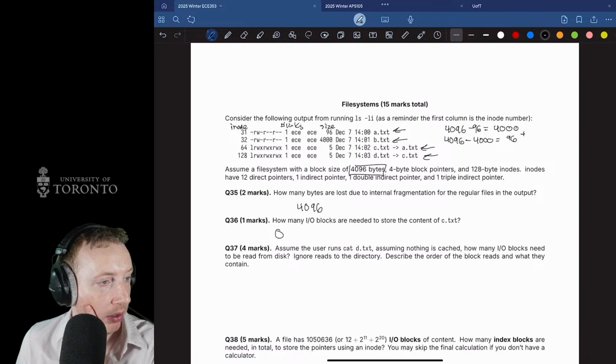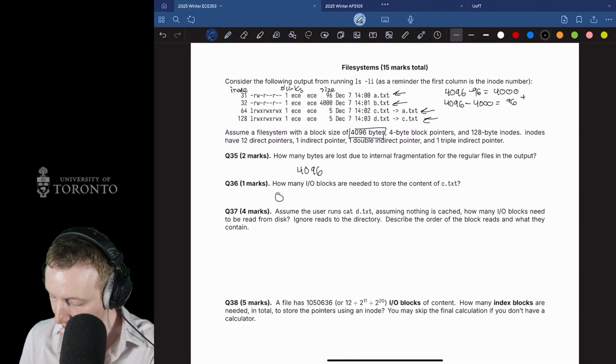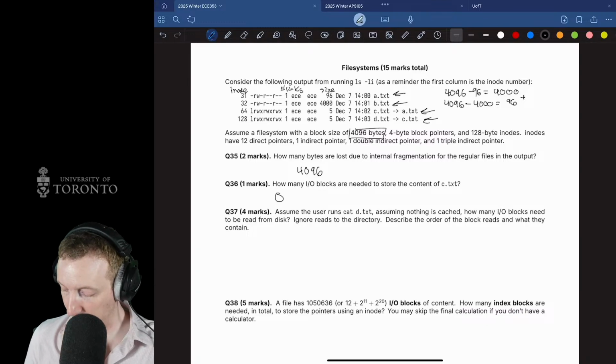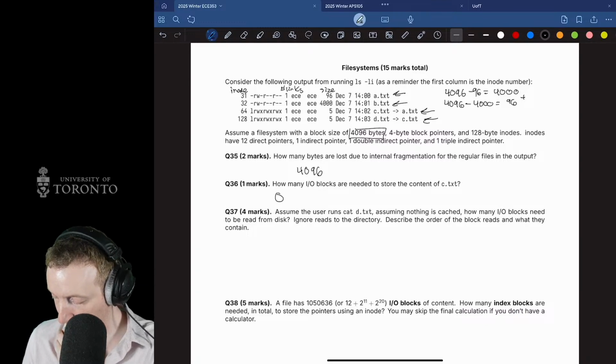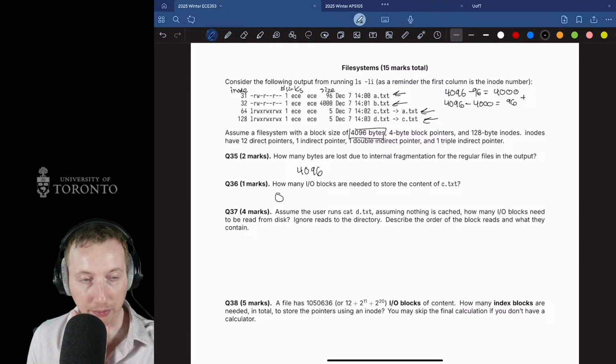So the next one is, assume the user runs cat d.txt. Assuming nothing is cached, how many IO blocks need to be read from disk? Ignore reads to the directory. Describe the order of block reads and what they contain. So in this case, we would have to read inodes, right?